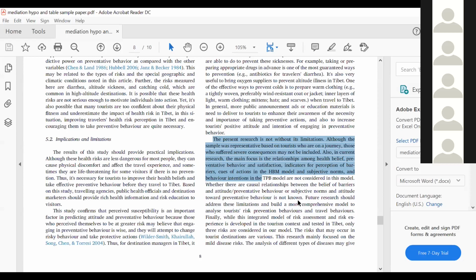A third limitation, which I generally find in papers, is they say, I have done a cross sectional study. What is a cross sectional study? I have done it in 1 month, finished. I have not taken it longitudinally. What is longitudinal? The one with time series and panel data. What is a longitudinal study?